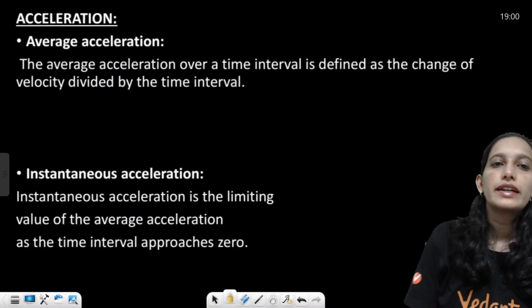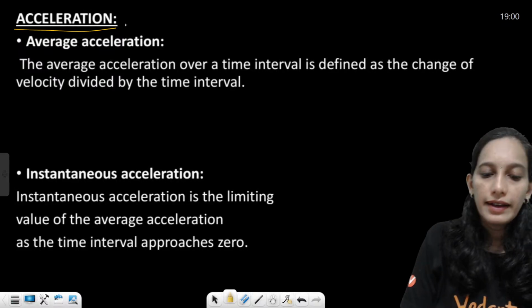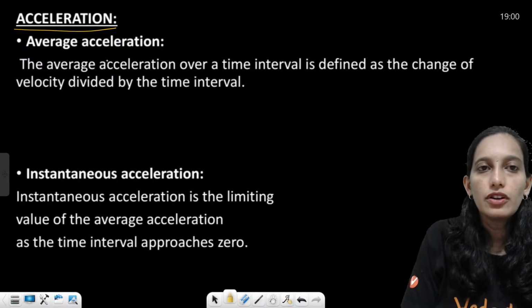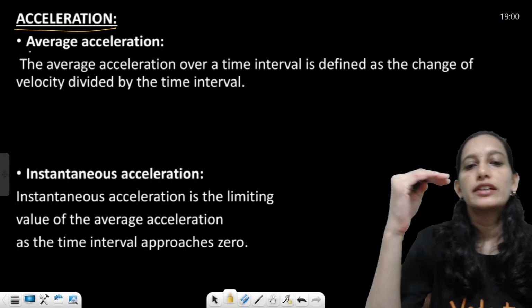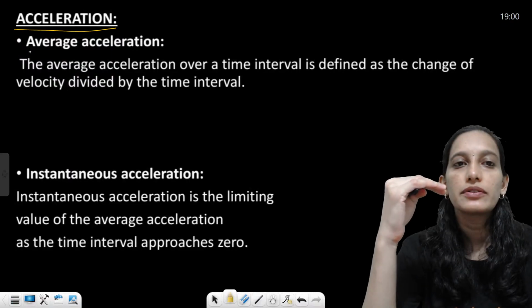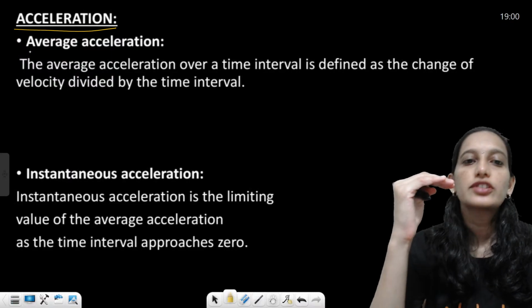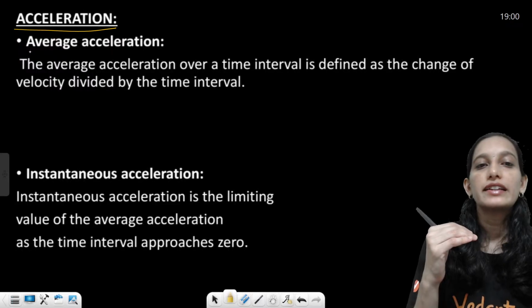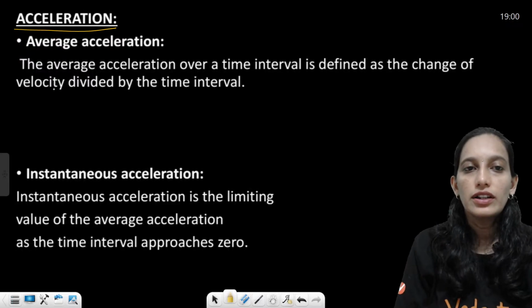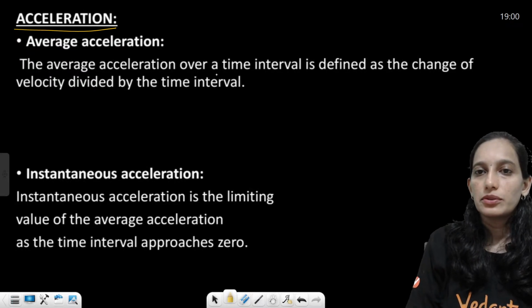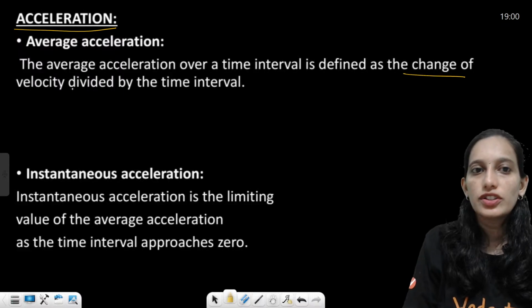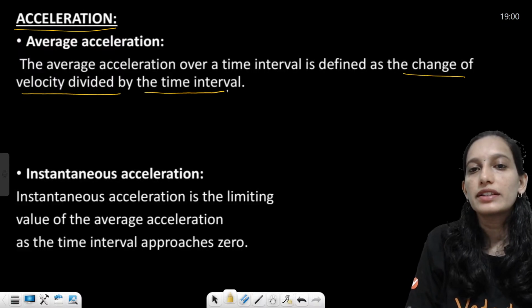Yeah, so the next concept is to define acceleration. Okay, so again illi ಎರಡು type of acceleration define ಮಾಡ್ತೀವಿ. ಒಂದು average acceleration and the other one is instantaneous acceleration. Okay, so average acceleration ಅಂದ್ರೇನು? It is the change of velocity divided by the time interval.